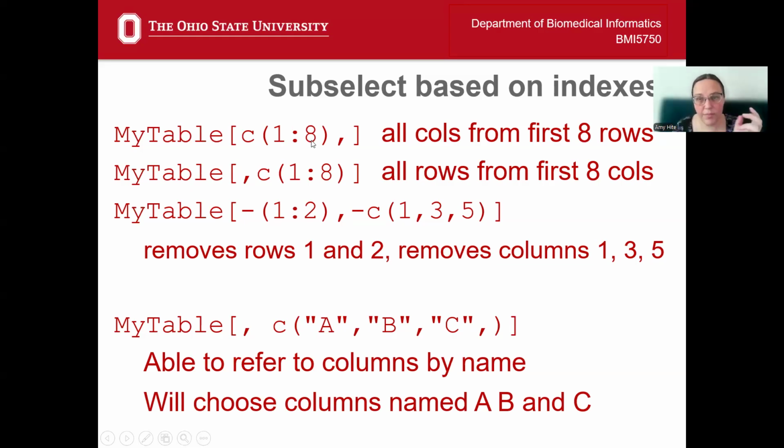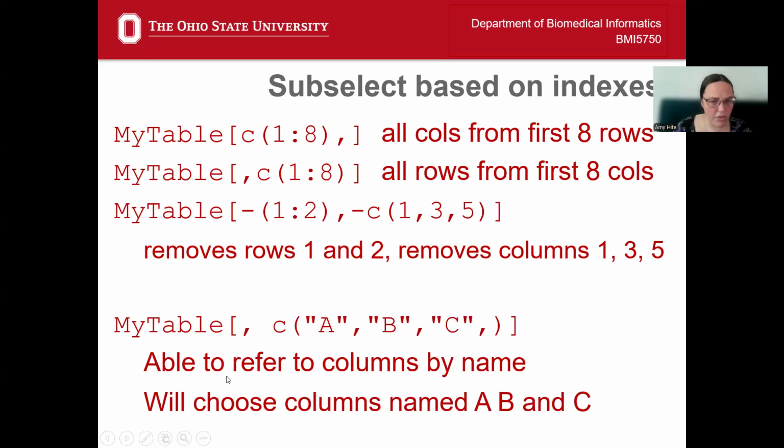The alternative, maybe we want all rows from the first 8 columns. We leave the rows blank because we just want all of them. And then after the comma, we tell it we want columns 1 through 8. We can remove rows or columns with this minus sign. It will remove whatever rows or columns you specify.